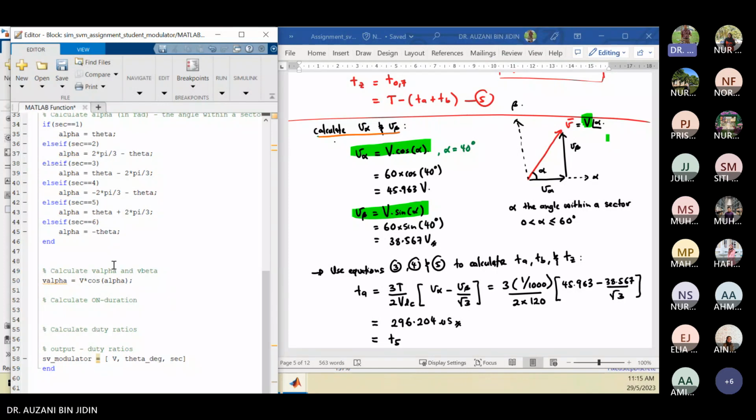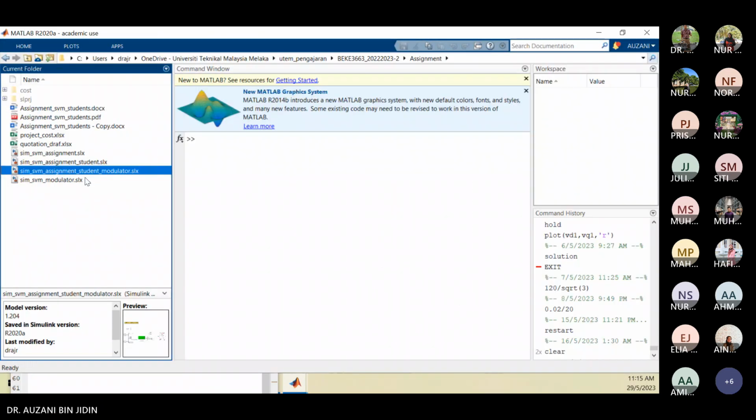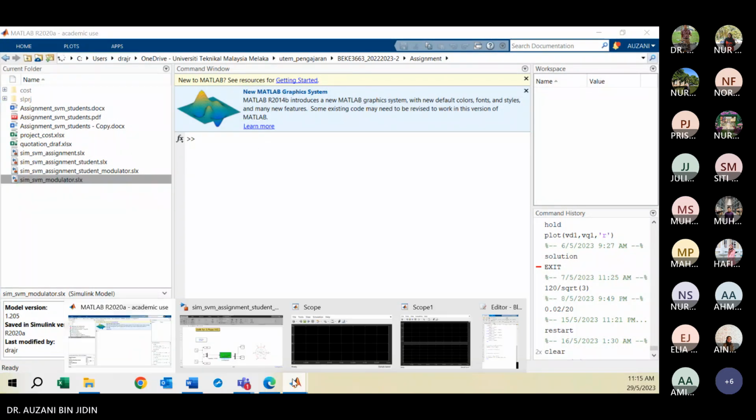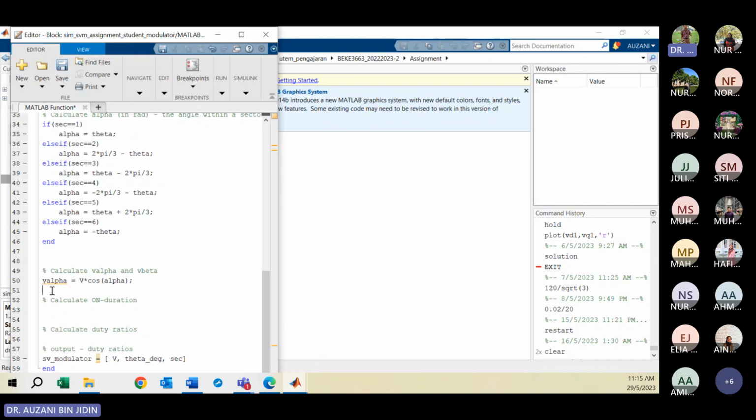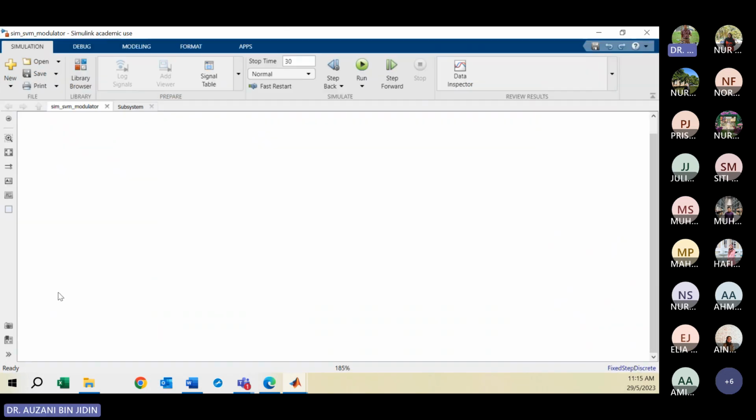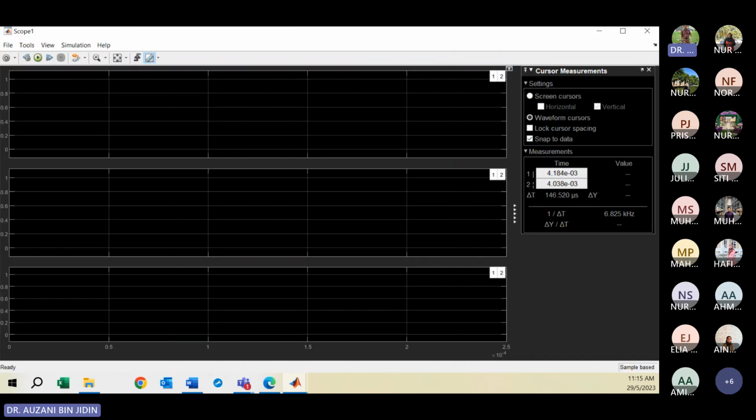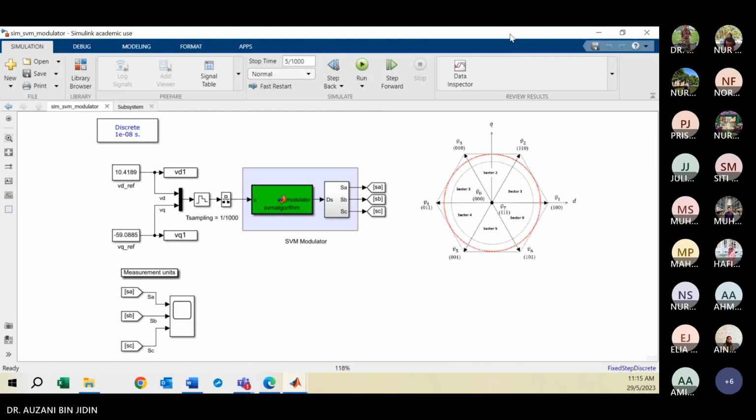Maybe I can check. Okay, for V beta, V beta is equal to the magnitude multiplied by sine of alpha.